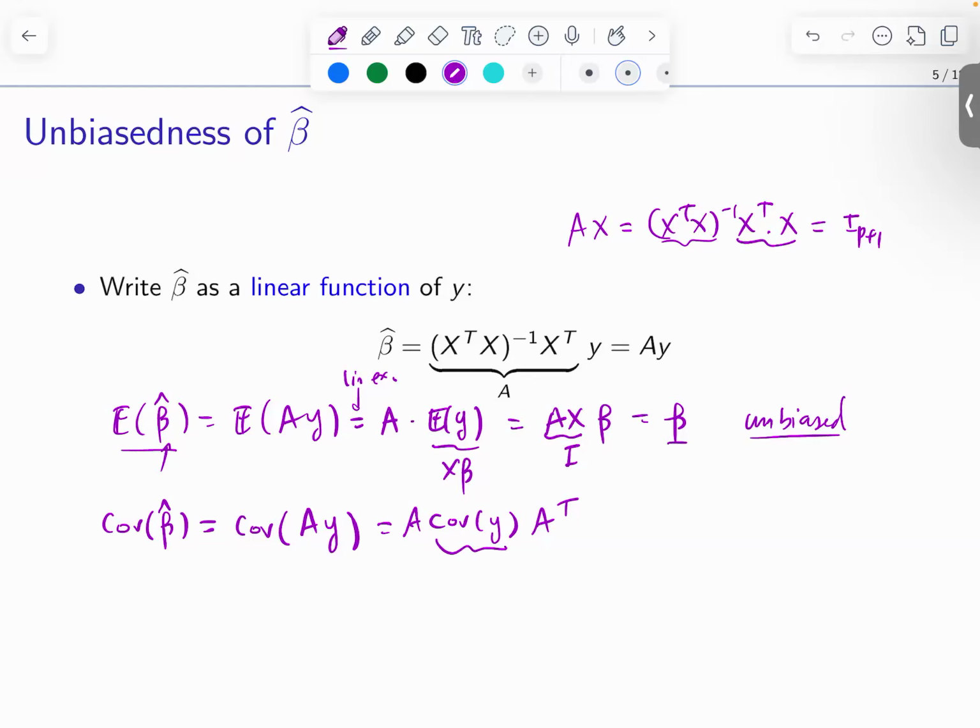What is the covariance of Y? I hope you remember, it's sigma squared I, we just did it. So what is the next step? Maybe pull the sigma squared out. You get A A transpose. I can drop the I as well, so I get sigma squared A A transpose.